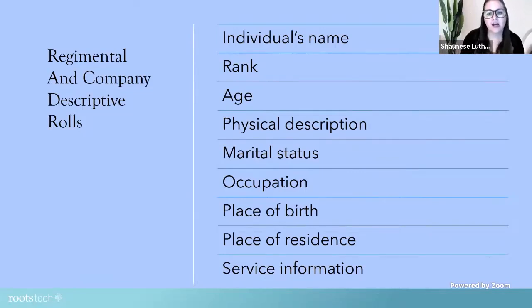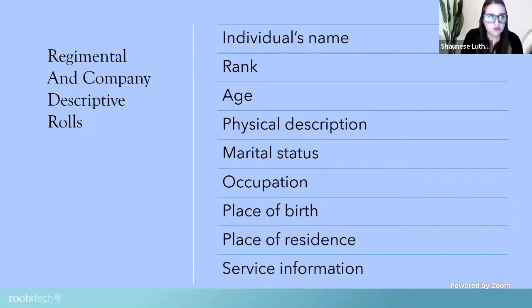And then you have their marital status. If they're married, but you've not been able to find a spouse, now you know they're married, and you can go look for a marriage record. Or if they're widowed, then you know that their spouse is deceased if you didn't already know that. Service information.